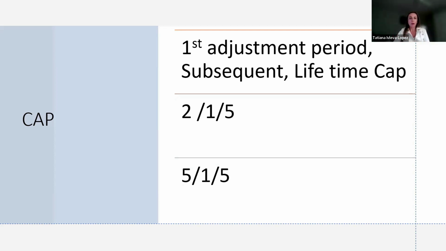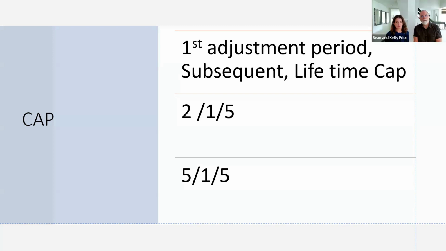For example, let's say we had a 5-1 ARM, and the rate was fixed for 5 years at 5%. And then the very first adjustment year, it could go up by 2%. Basically, the first adjustment year, it could get to 7%.